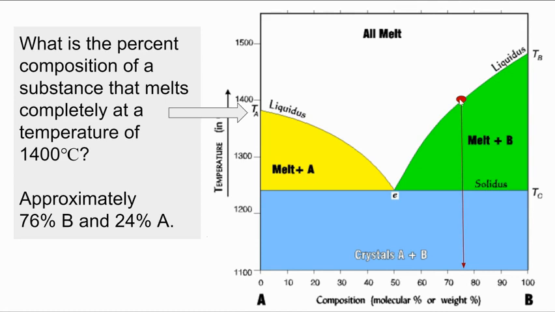So if it completely melts at 1400 degrees Celsius, it would start melting at the solidus line, and that occurs when we're at a percent composition that's above 70 but less than 80% component B. I estimated it at 76% B and 24% A.